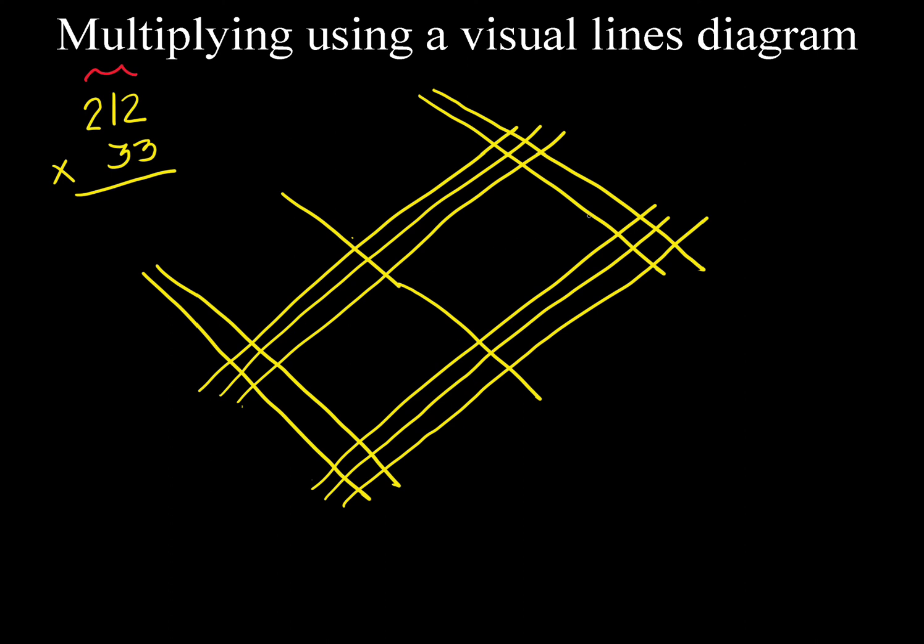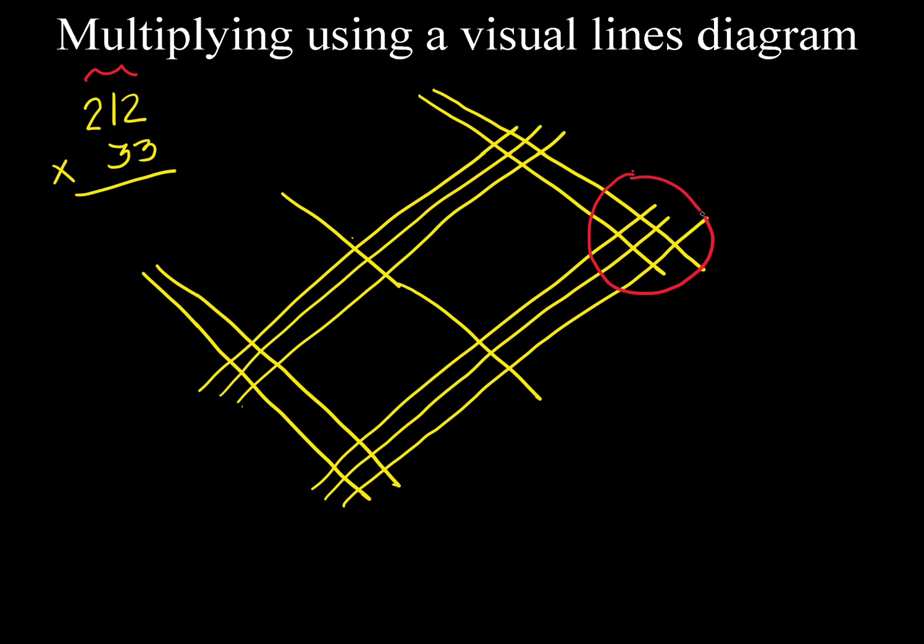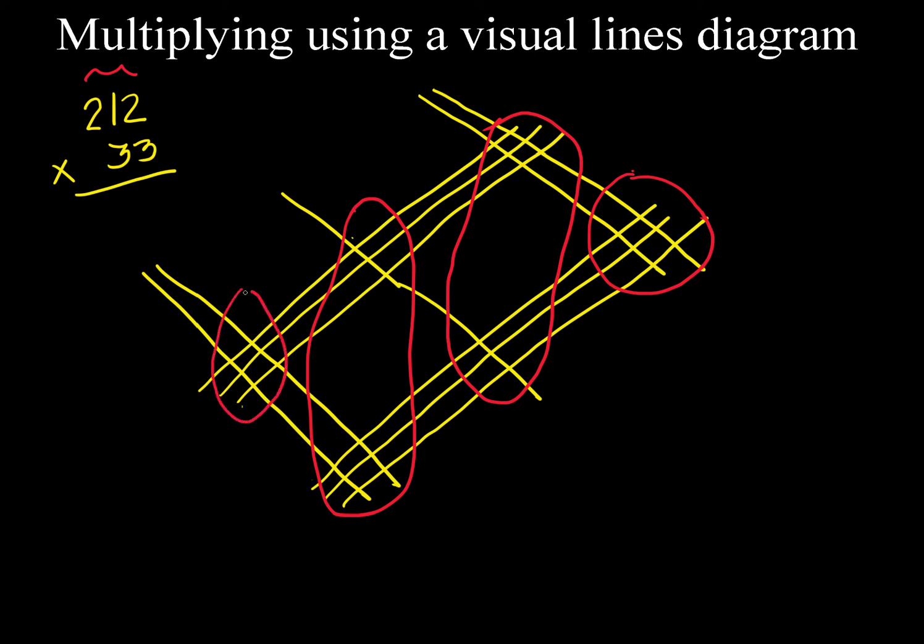So let's first try to identify our place values. This will be represented by our ones. This will be your tens. This group of intersection will now be your hundreds, and this will now be your thousands.